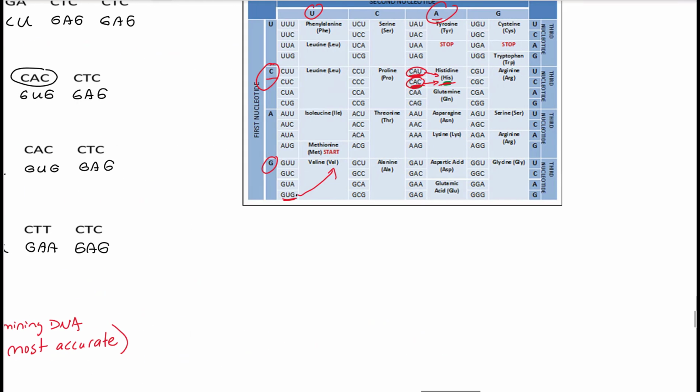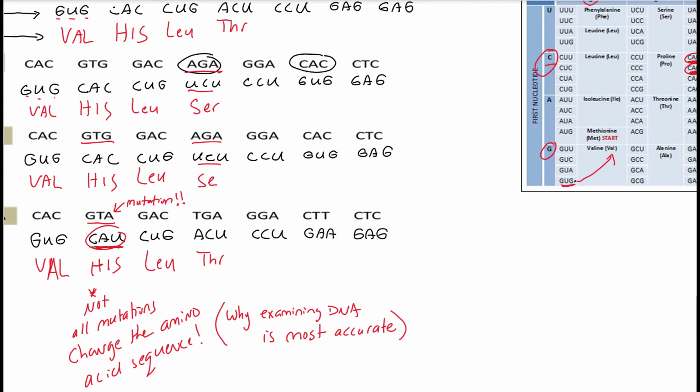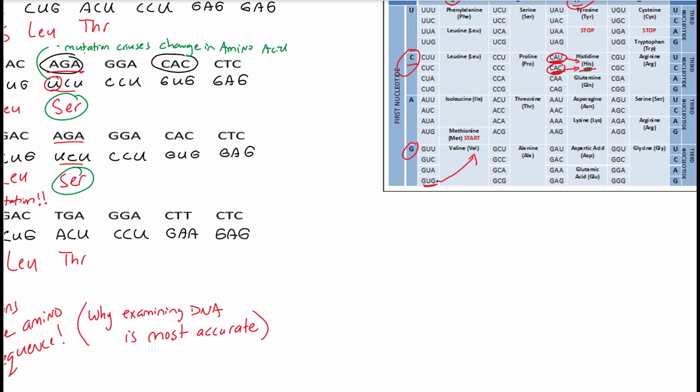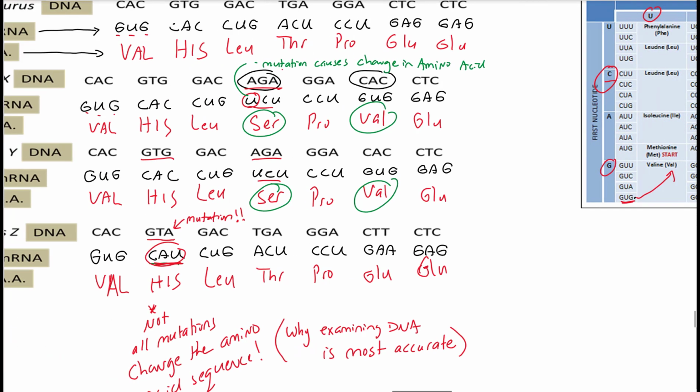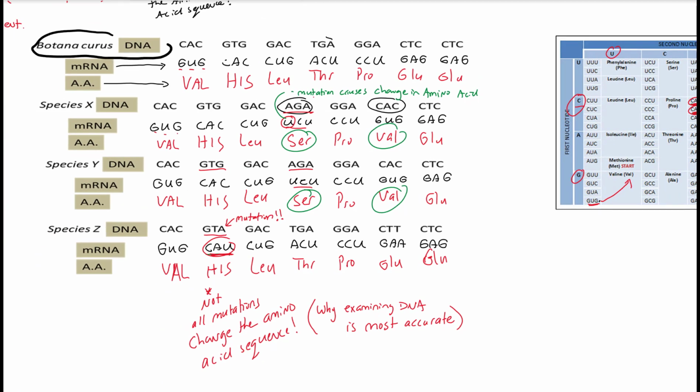All right, filling in the rest. There are some more differences here. But this mutation, this causes a change in the amino acid sequence. Instead of THR, you have SER. And you get a couple more mutations here, causing change in amino acids. But here's a cool little thing.